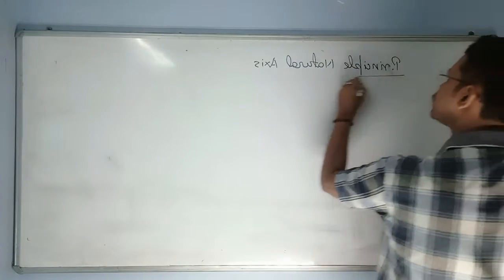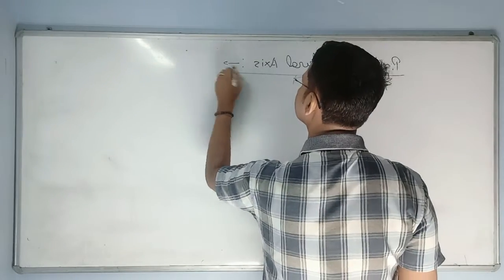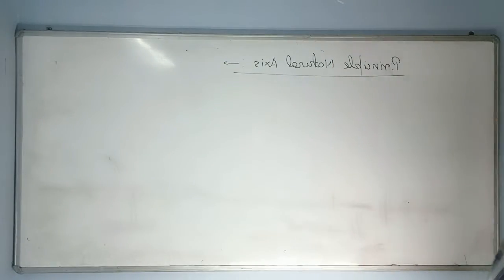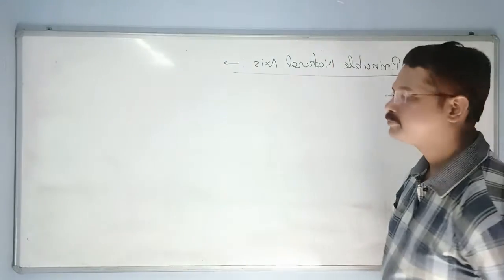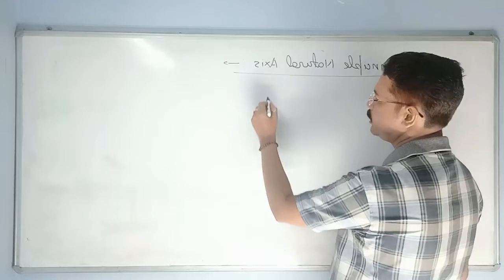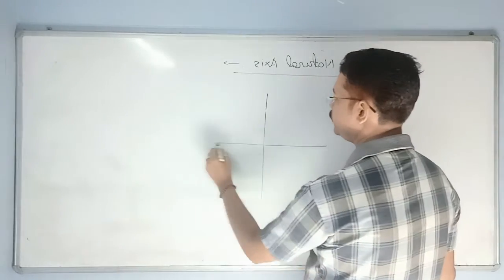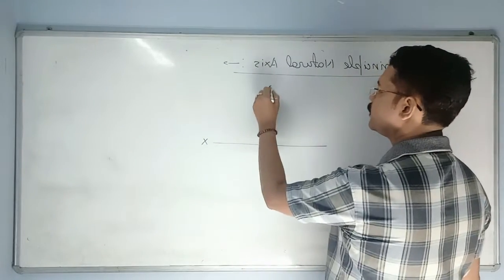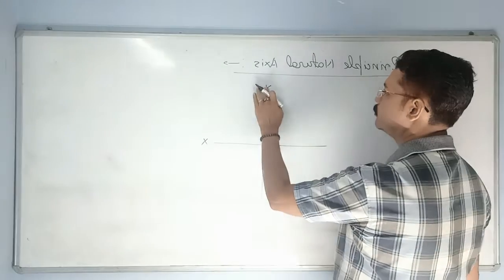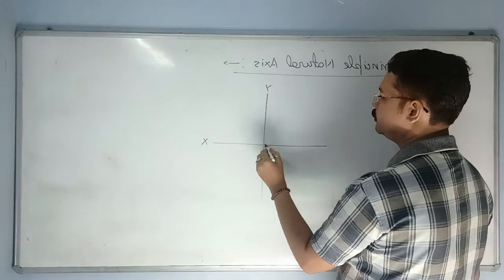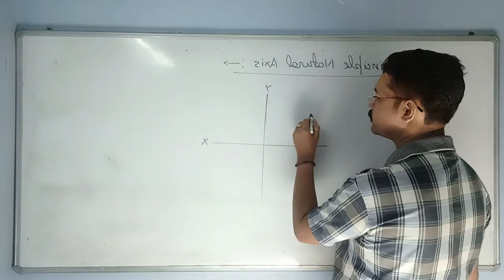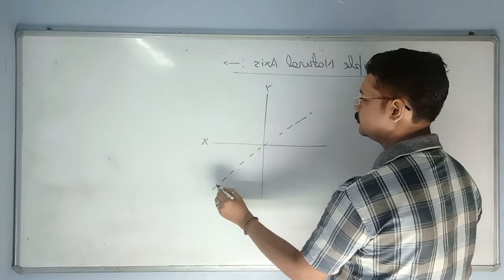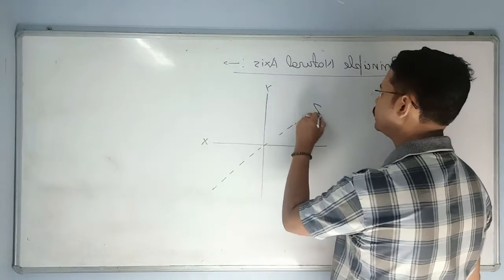Principal natural axis. So what is there? There is the x-axis, y-axis, and z-axis.